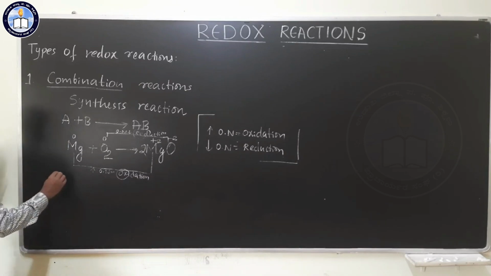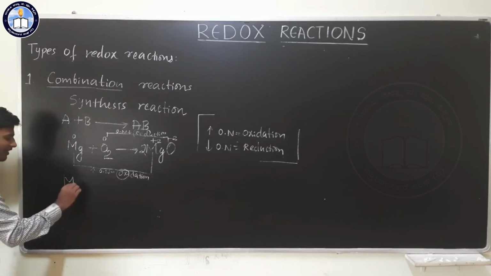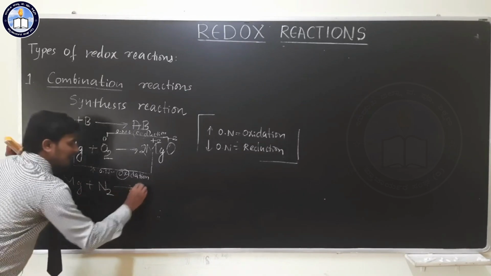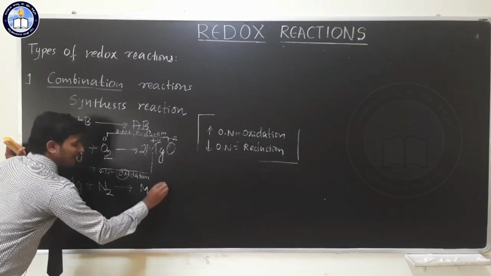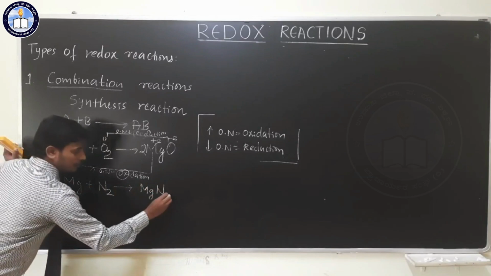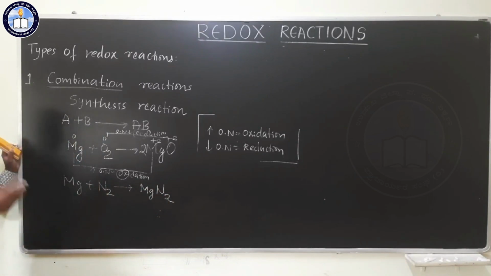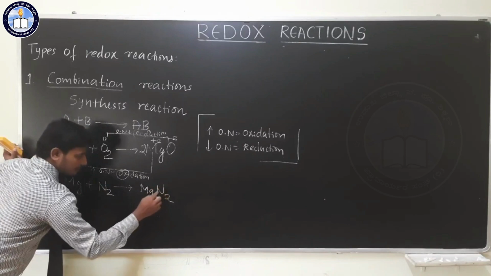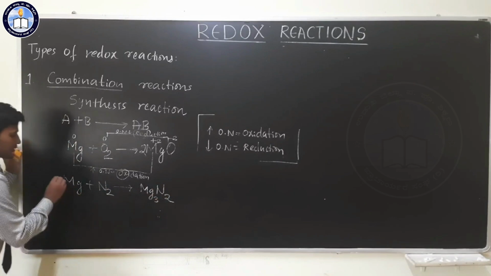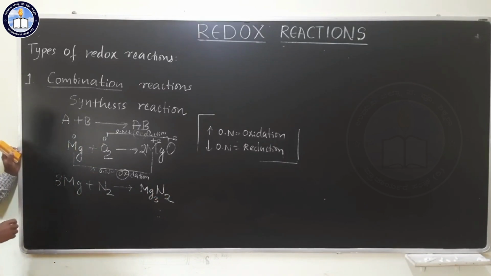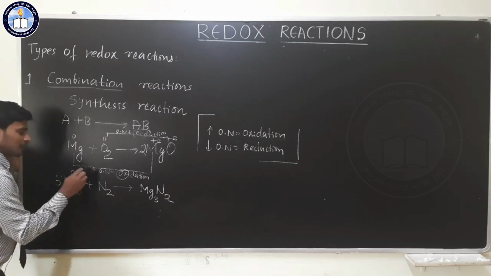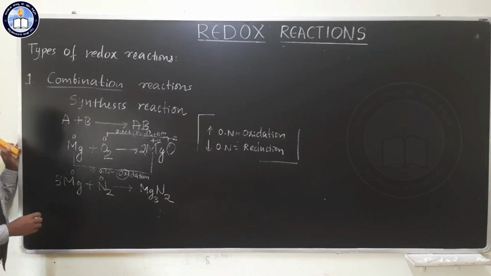Or I can give another example also. Mg combines with nitrogen and gives rise to Mg3N2. Mg valence is 2 plus, right? Have to write here 2. Nitrogen valence is what? 3 minus, therefore have to write here 3. Is it balanced? 3Mg. Now it is balanced. What about oxidation number? For magnesium it is 0, nitrogen 0, because in elementary state it is 0.